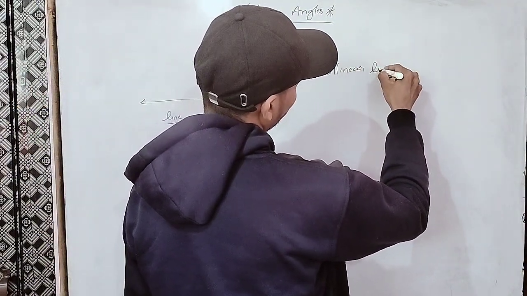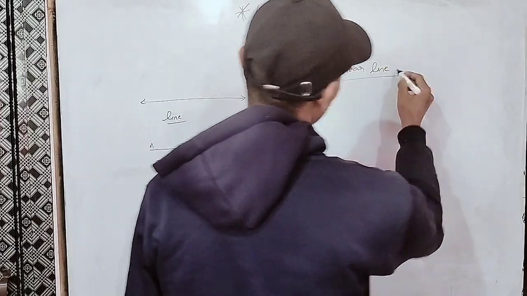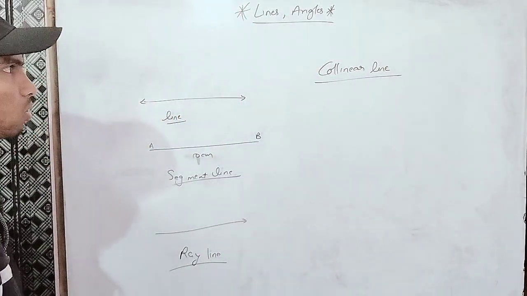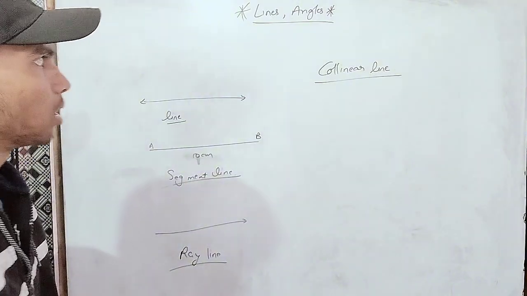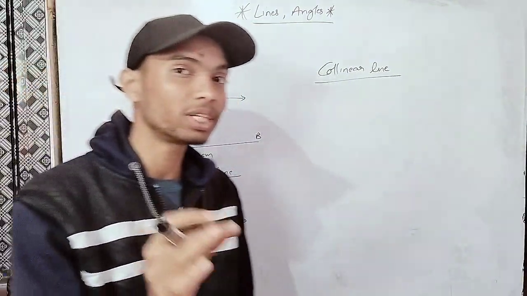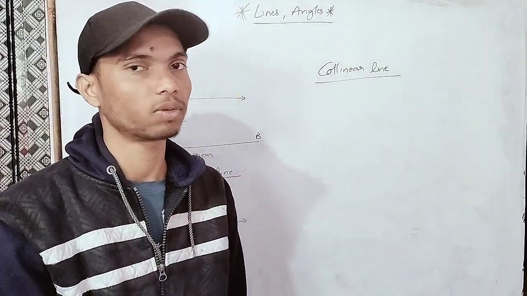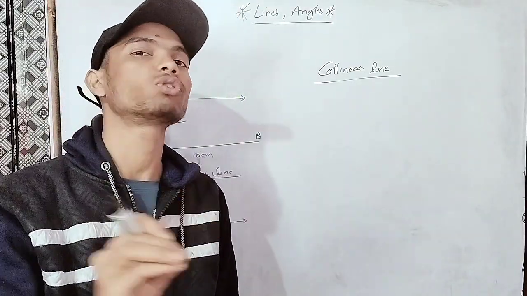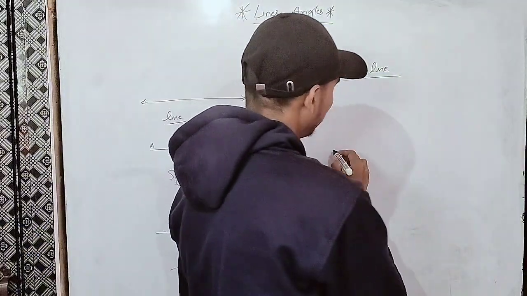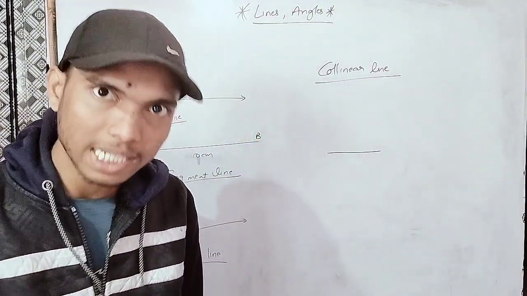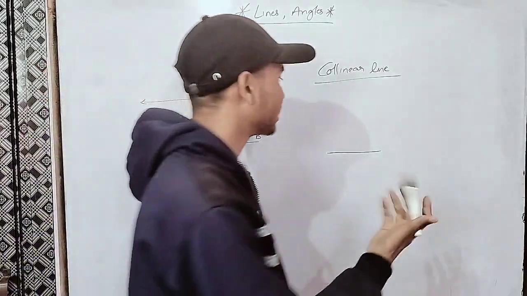Now, collinear line. What is collinear? Co means a compound of lines, because we are in the context of lines. So here this is a line, but with this line we have to add another line.